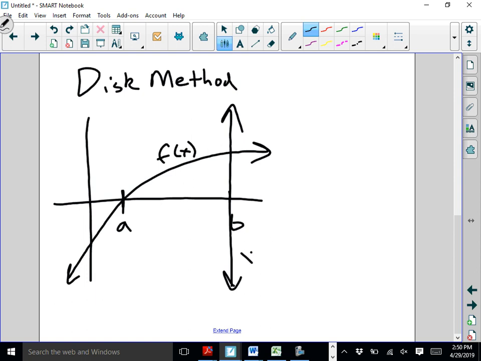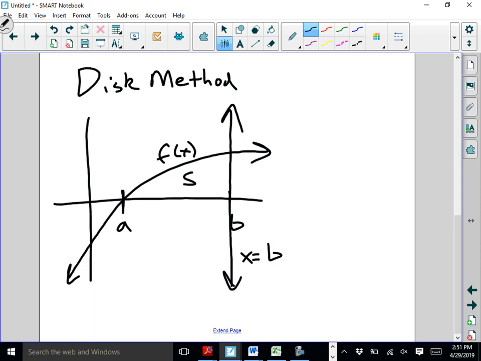Okay, so the region, again, I'll call it region S. The region S is bounded by f of x, the curve, the x-axis, and the line x equals b. So there are our boundaries.